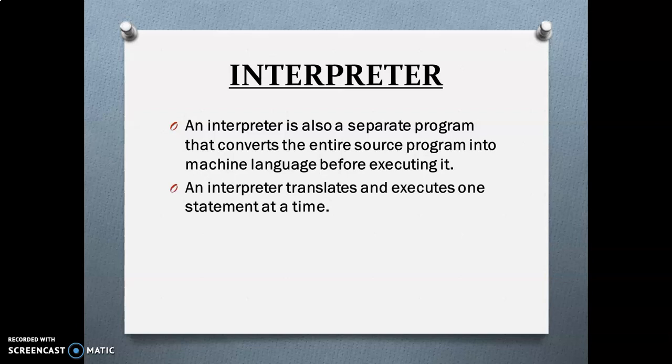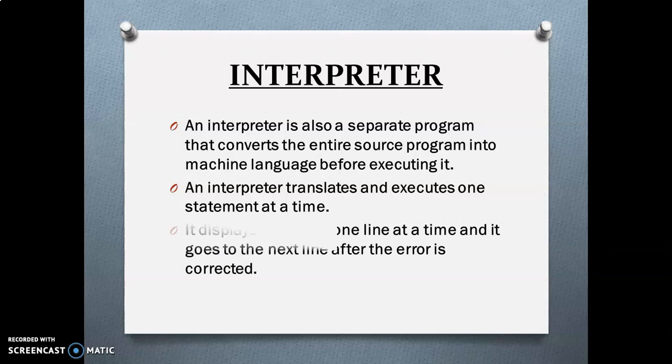What does the interpreter do? Interpreter translates and executes one code at a time, one statement at a time. It displays the errors one line at a time and then it goes to the next line. First it will find out the error in the first line. If there is no error, it will move to the next line.